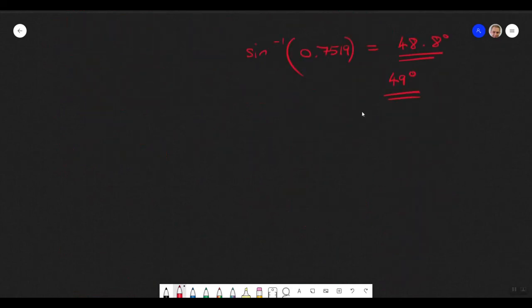So, in summary of the two equations that we've met, you've got refractive index equals sine of i over sine of r, and that is to do with when you've got a ray of light coming through, refracting, and going through a block.